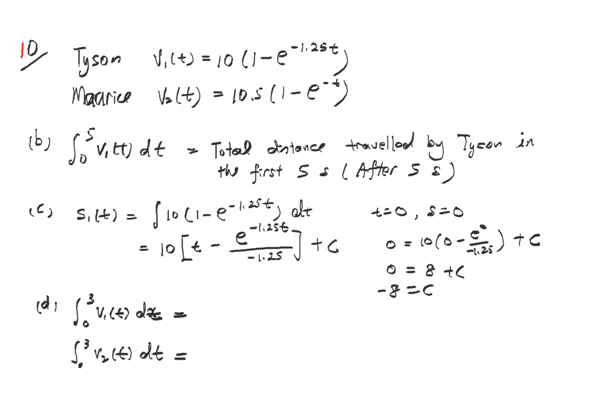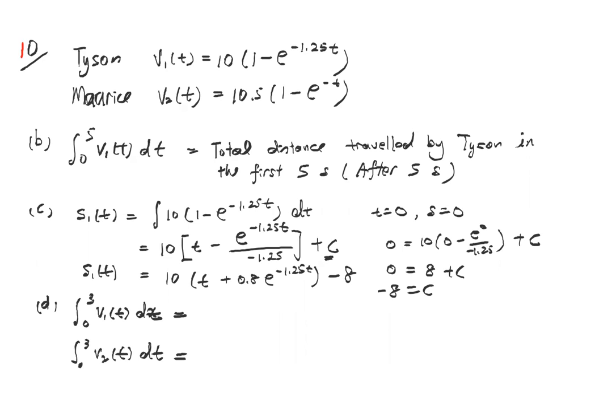That means your S1(t), the formula goes like that: 10t plus 10 divided by 1.25, that is 8, minus 8. Then only you can get S equal to zero. Okay, so that is how I find the constant. Can or not?